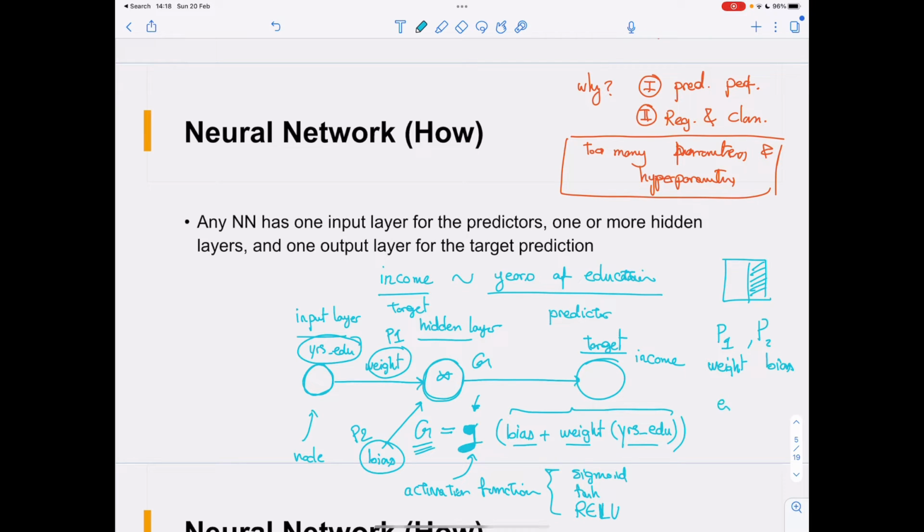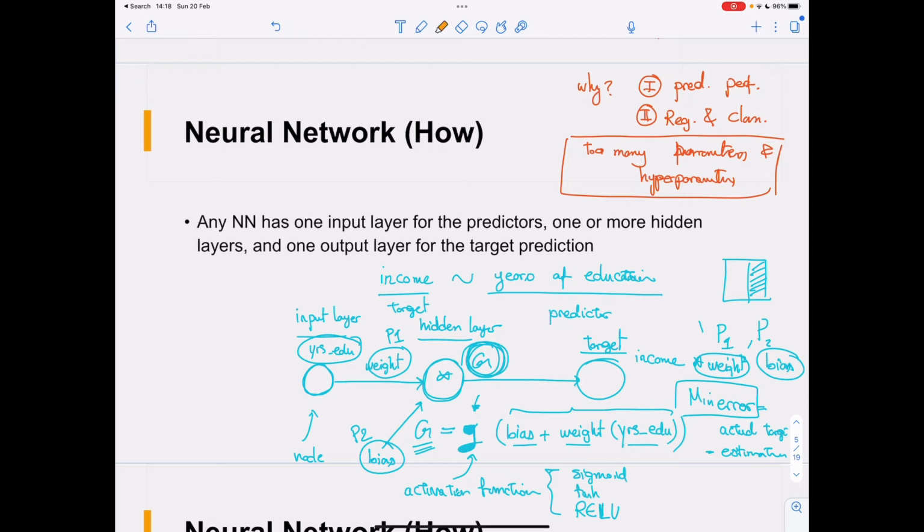So we have an error term, if you recall, and it is the actual target minus the estimation. So this G is one estimation, and the algorithm tries to find the weight and the bias in a way that minimizes this error.